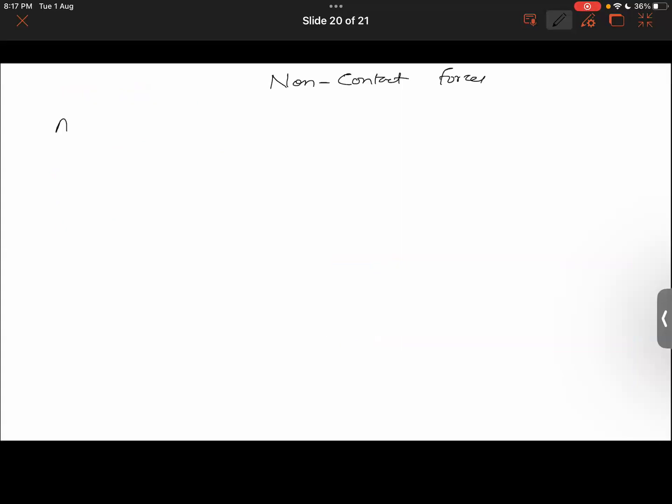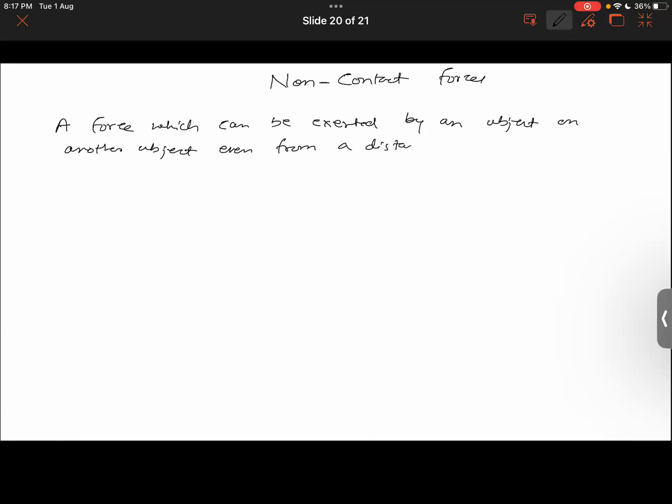Okay, so we say it to be a force which can be exerted by an object on another object, even from a distance, without touching each other.